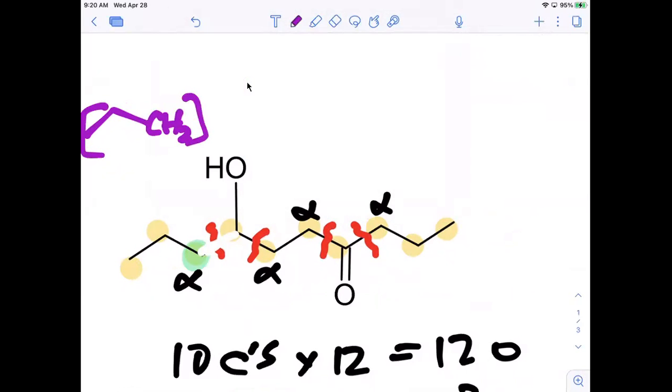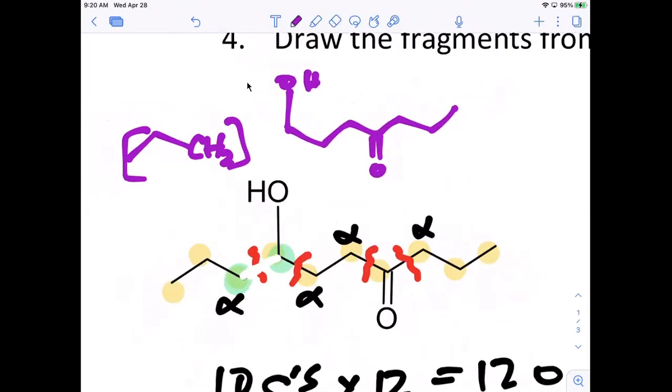And on the other side, I'll have all of this stuff that's left, and this carbon right here is a CH, so that hydrogen is still going to be there. That's a common mistake when doing mass spec: if you fragment a molecule and you don't count the hydrogen, then the mass of that fragment is going to be off. So you have to make sure you count that.